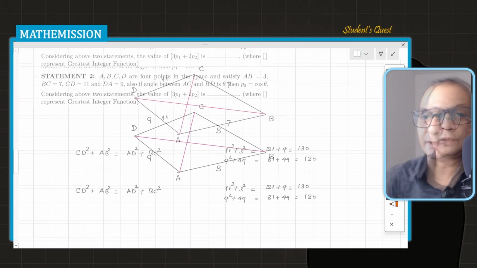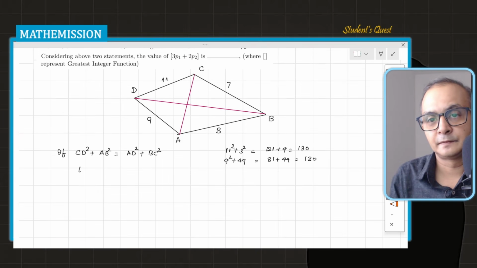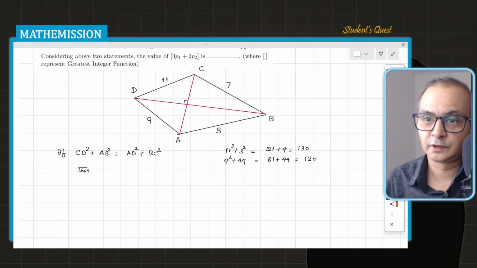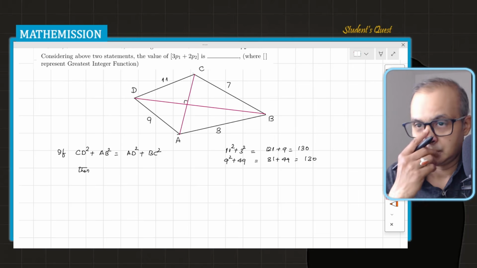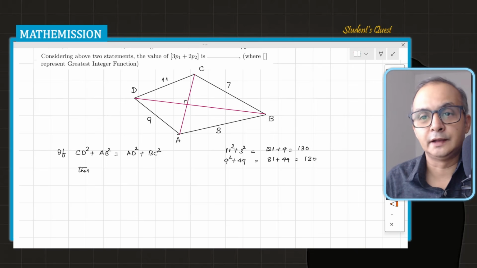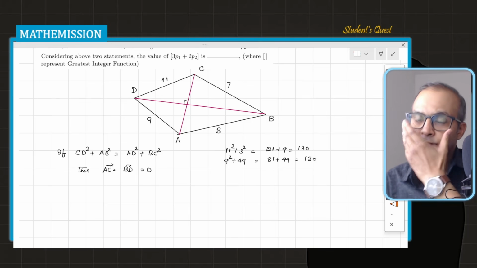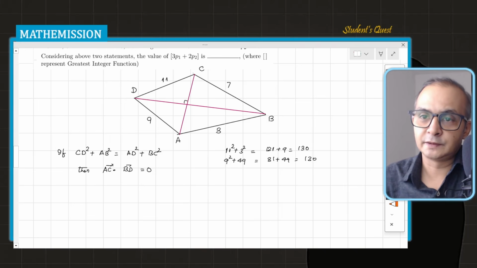So if this happens, then the diagonals are at right angle. Then I can say AC dot BD becomes 0. You can prove it by just assuming these vectors.